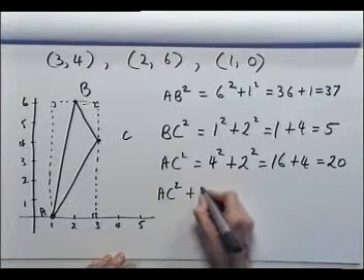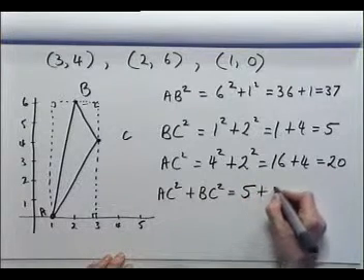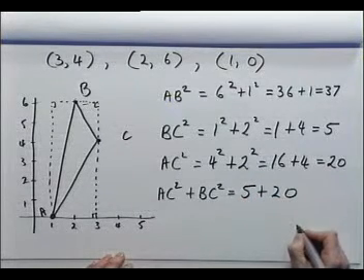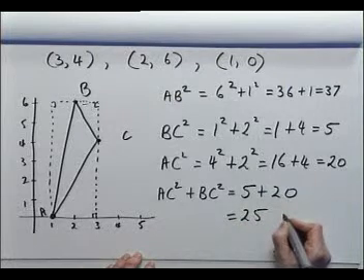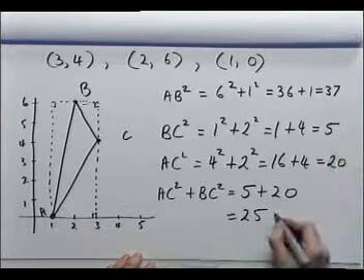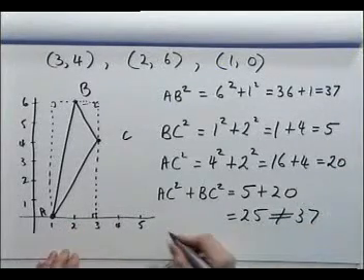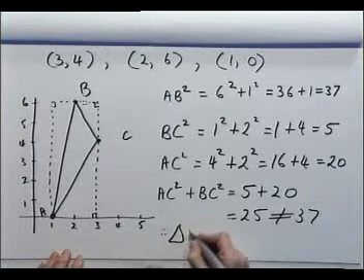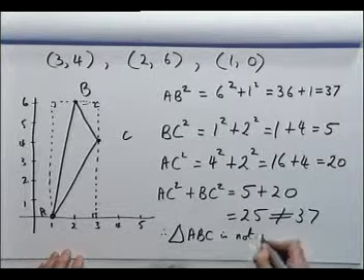AC squared plus BC squared is 5 plus 20. 5 for BC squared, 20 for AC squared. And that gives me 25. But AB squared is 37. That does not equal 37. And therefore, the triangle ABC is not right-angled.